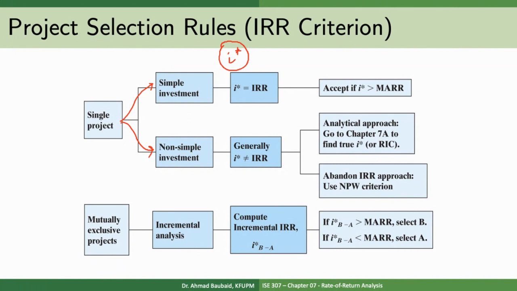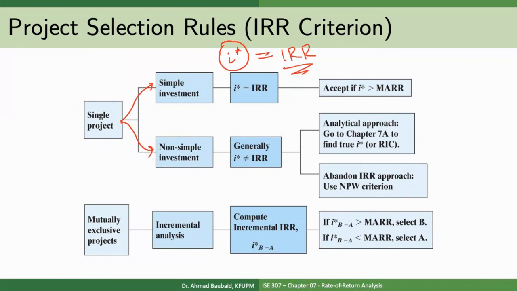Exactly. So for simple investments, we can be sure that we only have one unique rate of return, and therefore it is equal to the IRR, which is the rate of return that I should use to compare to the MAR and then evaluate the acceptability of the project. For a non-simple investment, generally that may not be the case, right? You may have a unique I star, it may happen, or you may have multiple.